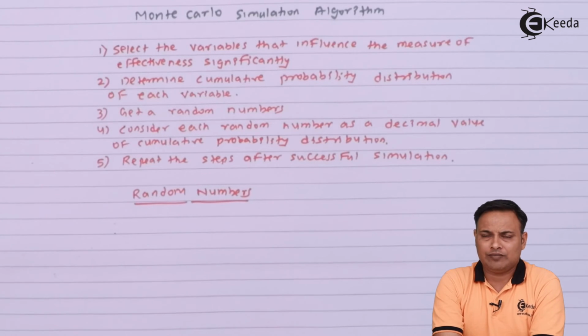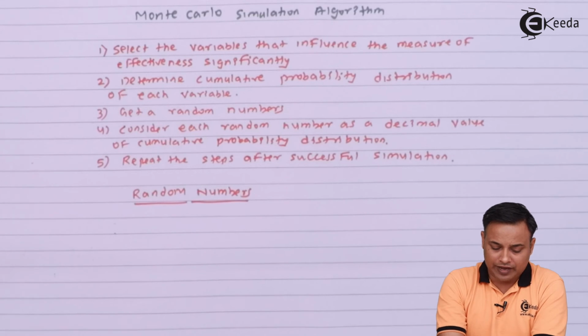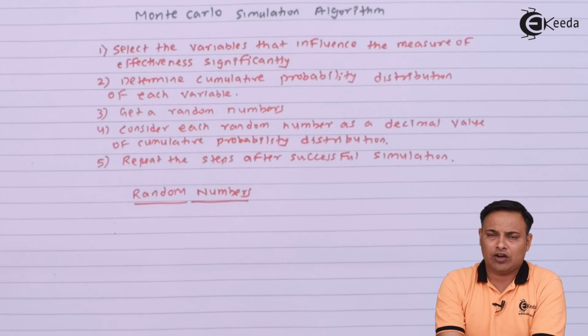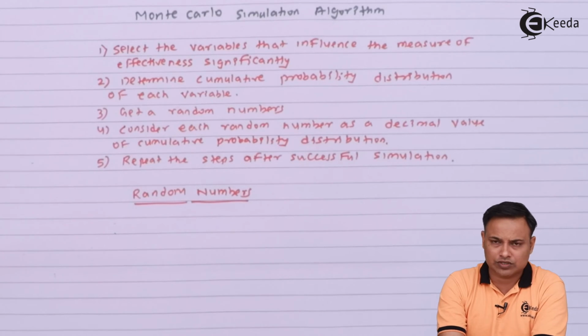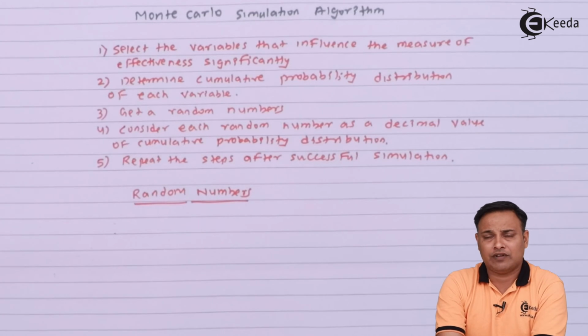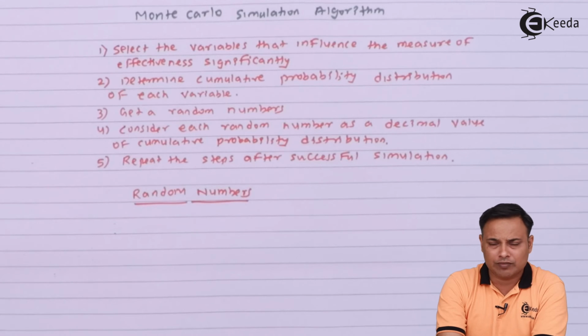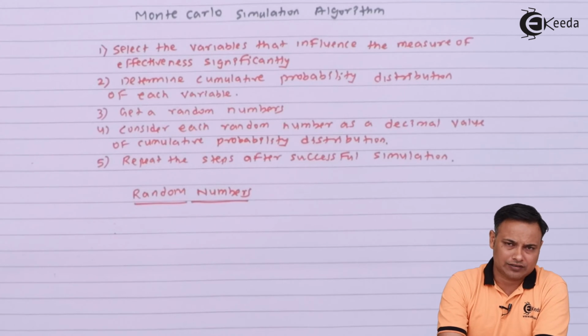Random numbers can be defined as a set of numbers or observations in the probability distribution where each such number will have equal probability of getting selected.